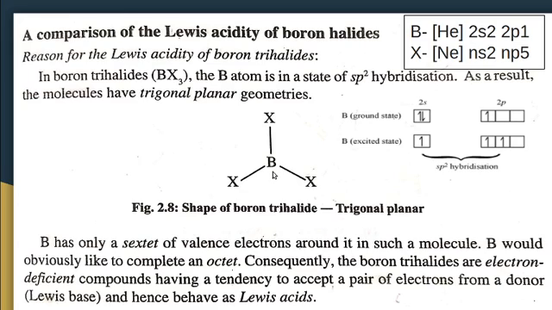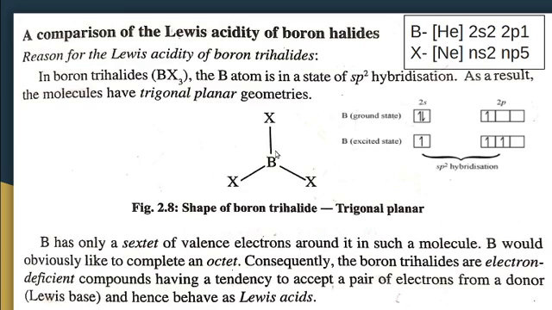Lewis acid means, as we already discussed, a compound having the tendency to accept a pair of electrons. So it can accept a pair of electrons from a Lewis base. A Lewis base donates a pair of electrons. So this Lewis acid can accept a pair of electrons from any other Lewis base.